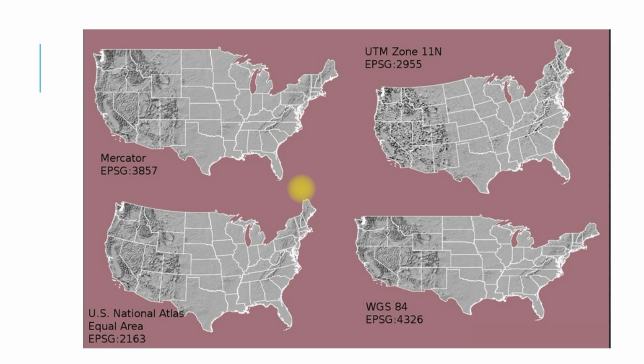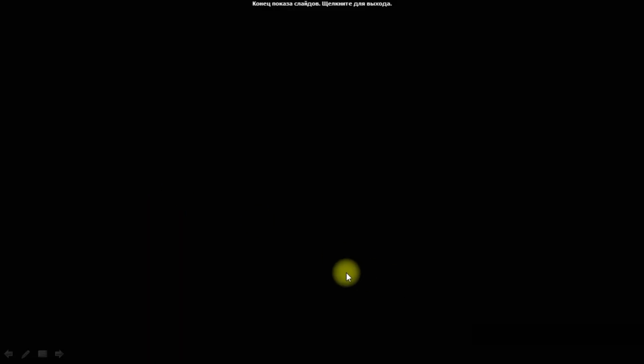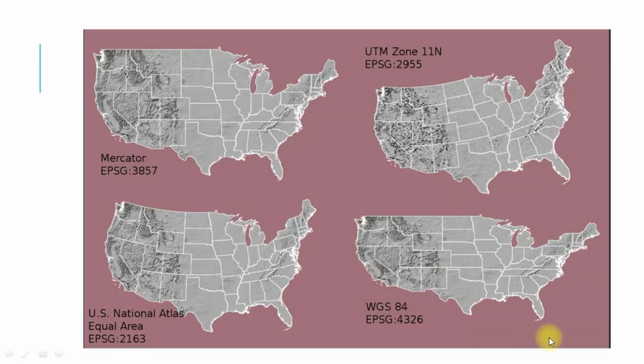So this is how several types of projections influence the representation of a map. In our case, the map of the USA. The first, the bottom left map of the USA, belongs to the Mercator type of projection. The reference coordinate system is EPSG.